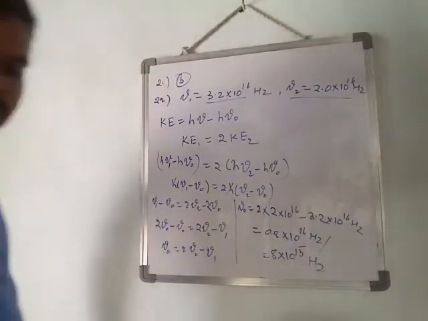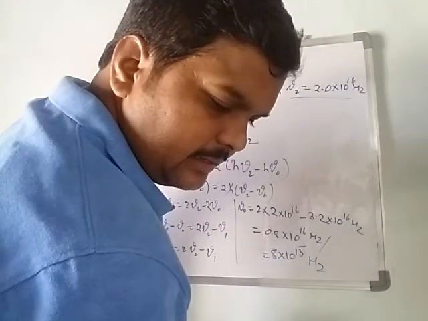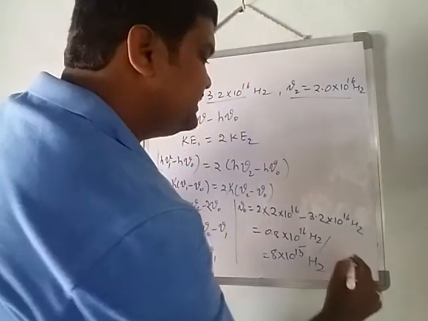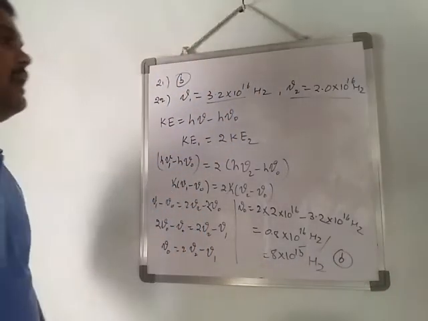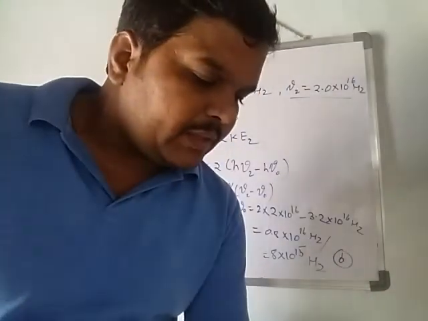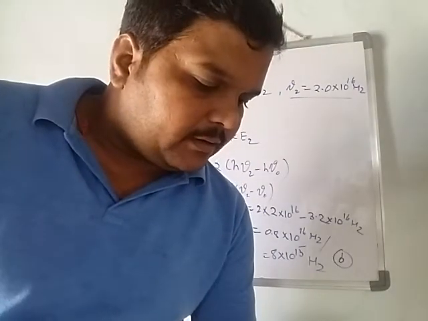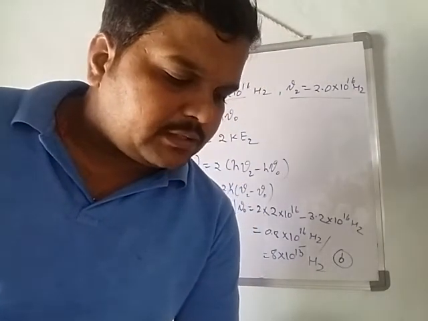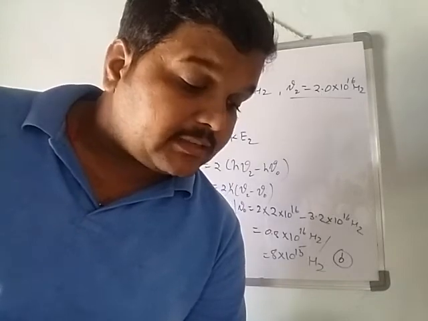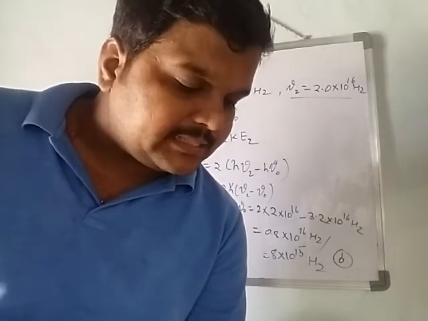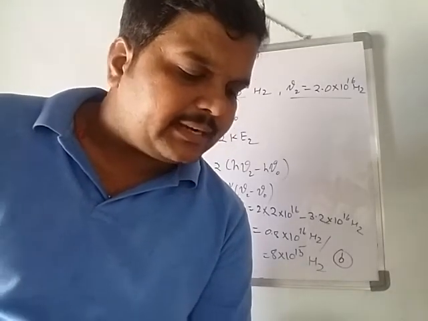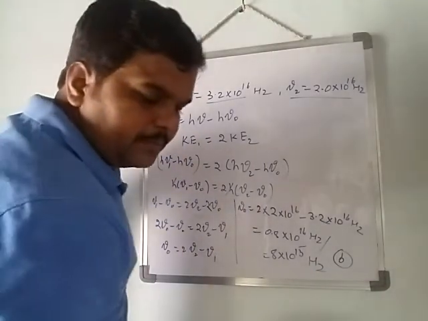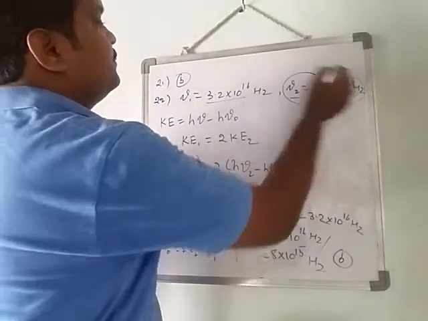Is it clear? So which option is correct now? Option B is correct. As per the question, light of frequency nu 1 emits photoelectrons with twice the kinetic energy of the photoelectrons emitted when the same metal is irradiated with light of frequency nu 2. So what is happening then?